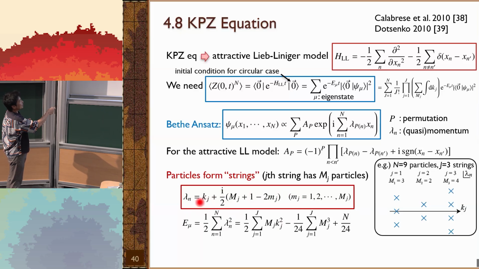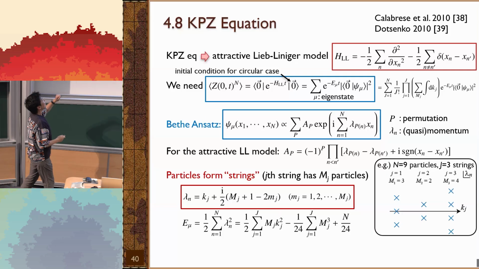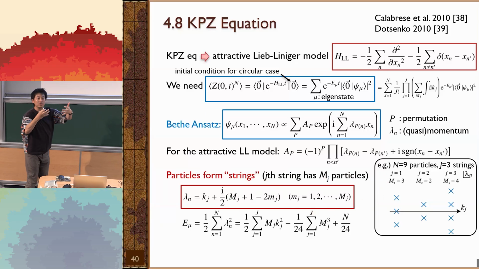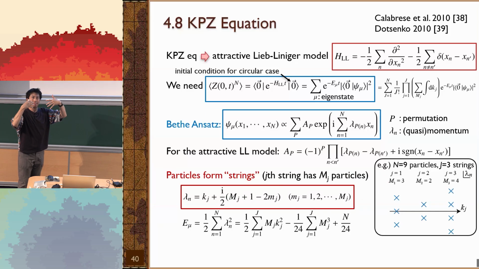So the real part k_j can be any real number. But there is a strong constraint on the imaginary part. It must be expressed in this kind of discrete form. This condition can be found in order for the wave function to be well defined.